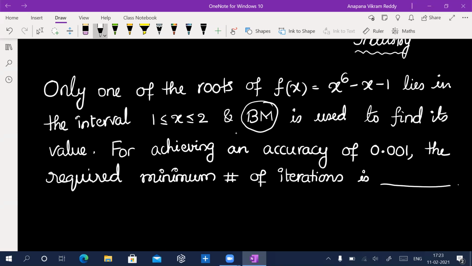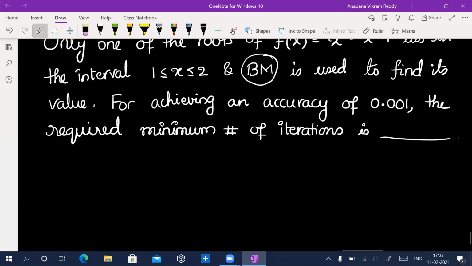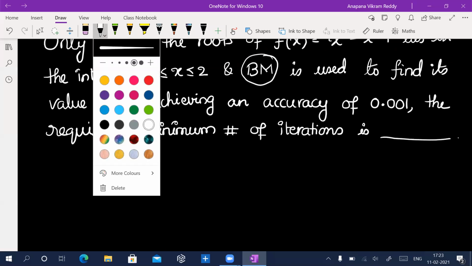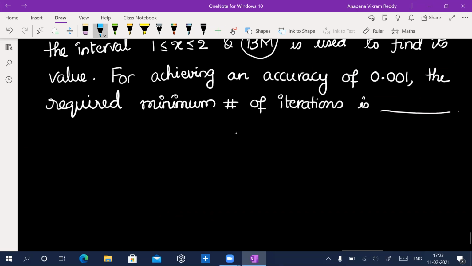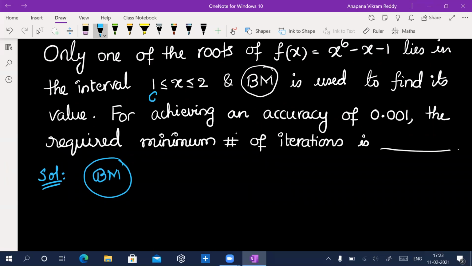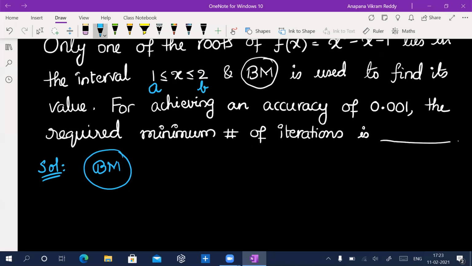Okay, first of all, I'll take my bisection method. I'll use this blue. So I'll find the solution for this. See, in bisection method, what do I do? For me, A and B are given.